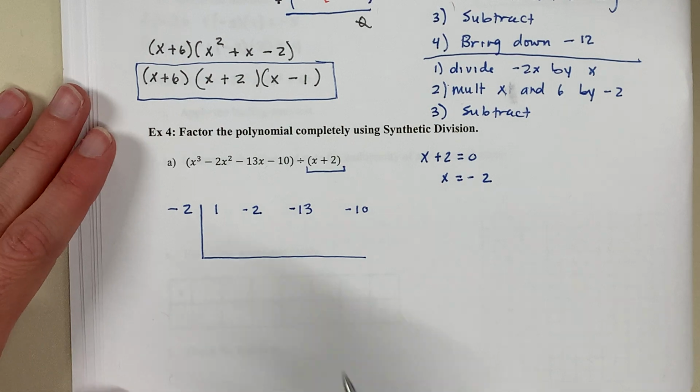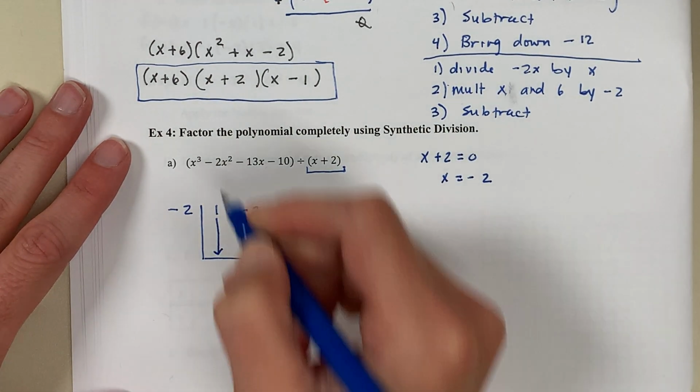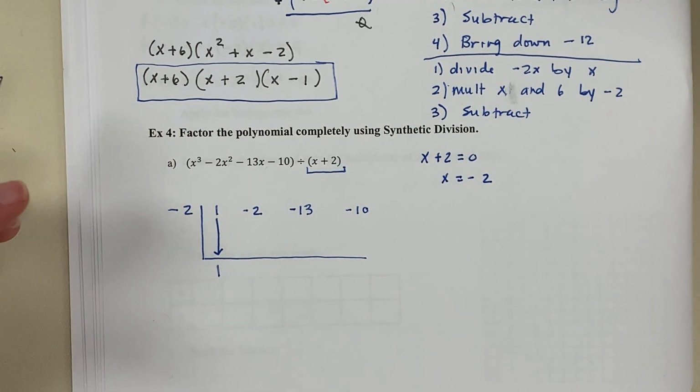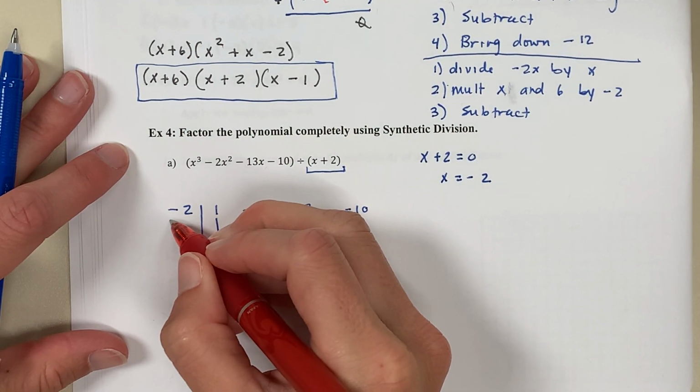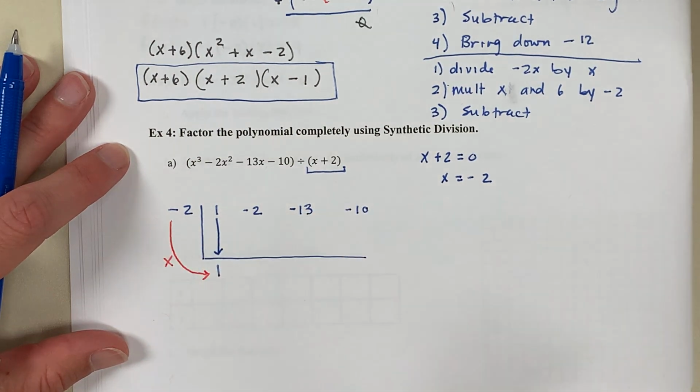What I'm going to do is always drop down the very first term. My first term is a 1, I bring it straight down. Then I am going to multiply the -2 by any number I put below.